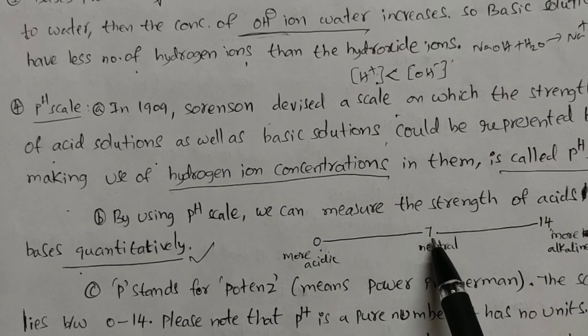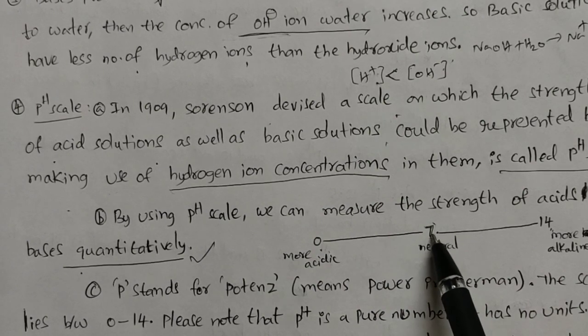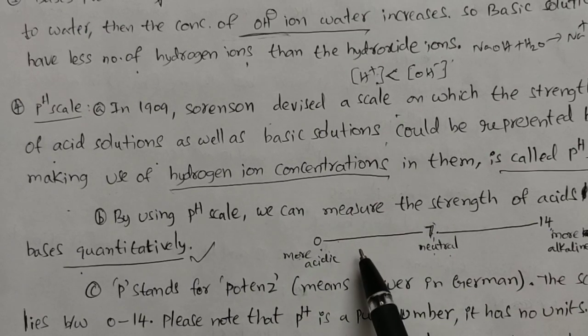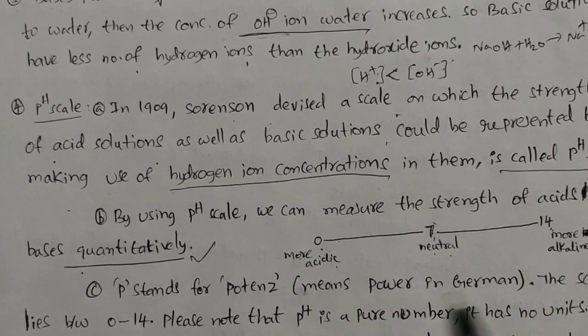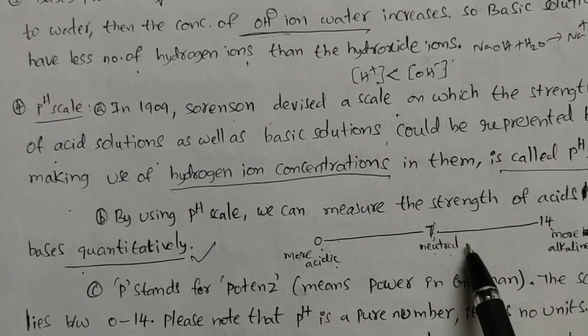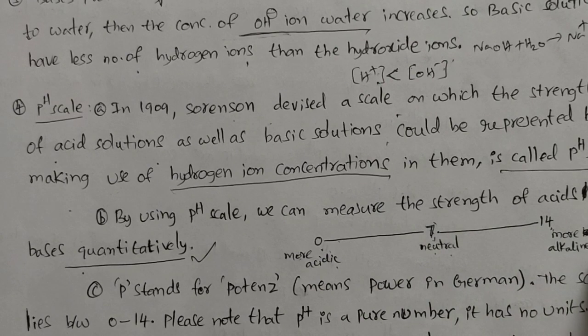If a solution has pH 7, that solution is called a neutral solution. Solutions having pH less than 7, that means 0, 1, 2, 3, 4, 5, 6, are called acidic solutions, and solutions having pH more than 7, that means 8, 9, 10, 11, 12, 13, 14, are called alkaline solutions.